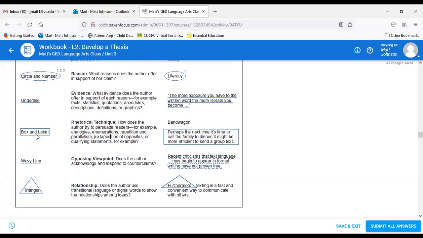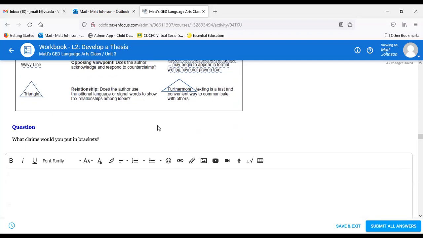Rhetorical techniques, so if they're using a rhetorical technique like bandwagon, like they are showing here, you could put that in a box. Wavy line for opposing viewpoints. Are they addressing counterclaims? Wavy line. Triangle, so you can show relationships. When you encounter that transitional language, you can use a triangle.